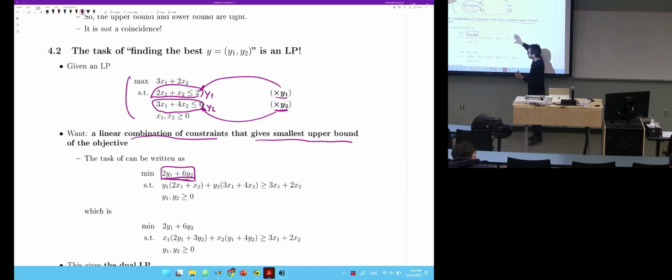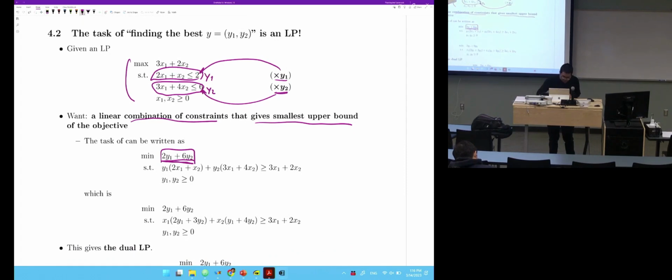And now let's rearrange it a bit. Instead of putting y here, let me factor it and put x here instead. And now it implies that this thing needs to be at least 3, and this thing needs to be at least 2.